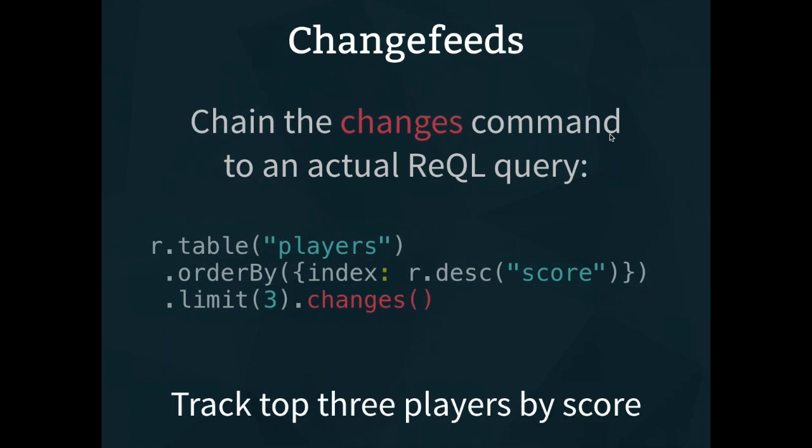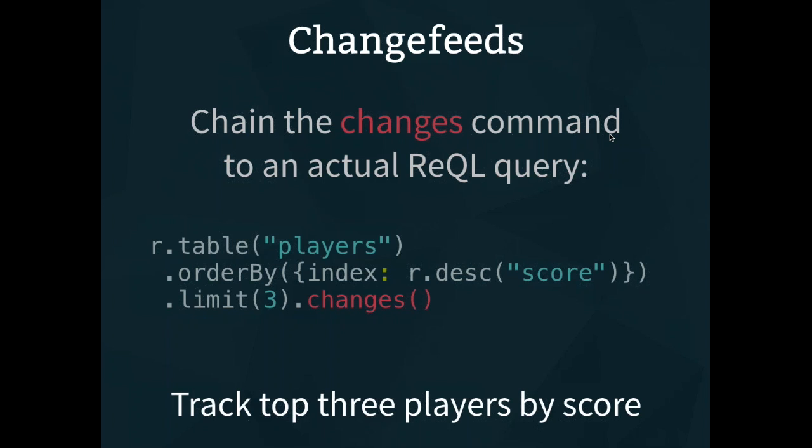Without the changes command, this query would return the top 3 players by score. When you add the changes command to it, what it gives you is a change feed where you get a window into that leaderboard, the top 3 players. And it's very smart, because when the score of any of those 3 players changes, you'll get an update with the old val and new val that shows you how their score has changed.